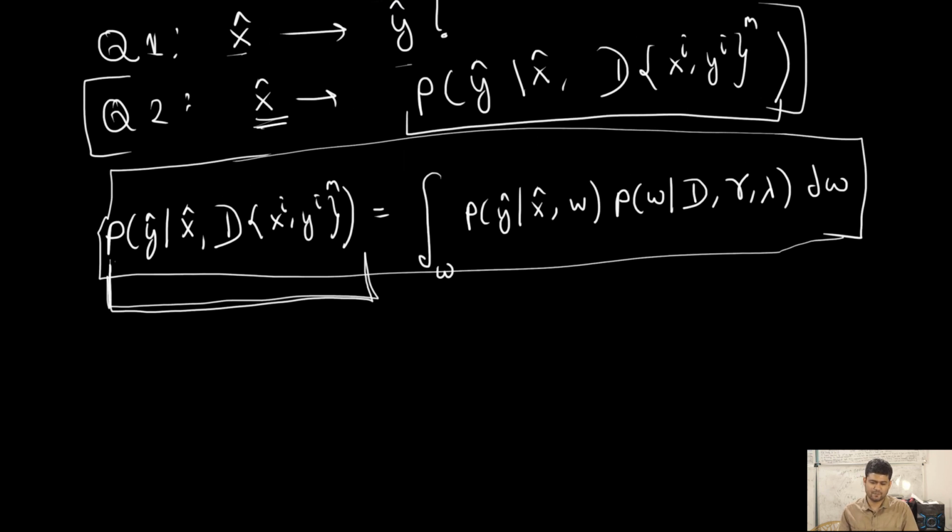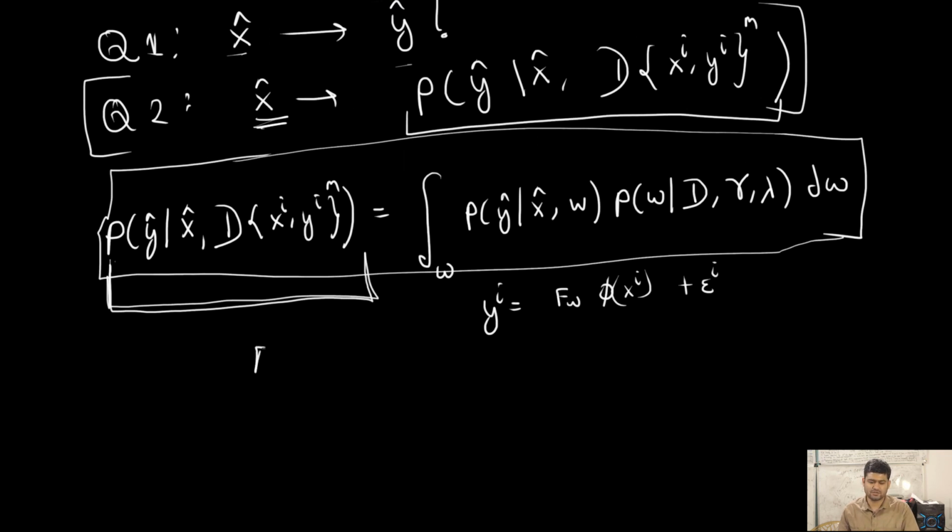So let's consider that the yi's are given by some functional mapping phi of xi plus a small error. We assume that this error is IID and has some distribution.